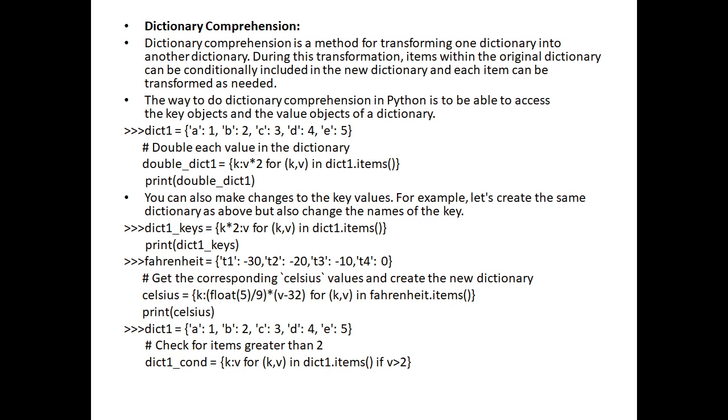So when it comes to dictionary comprehensions, generally the list comprehension will return a list.